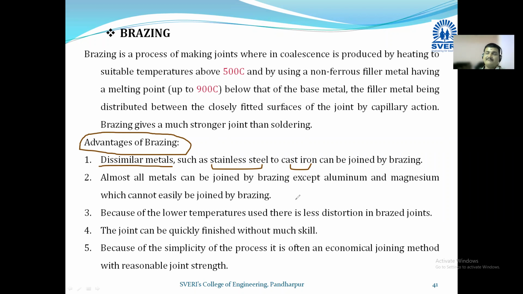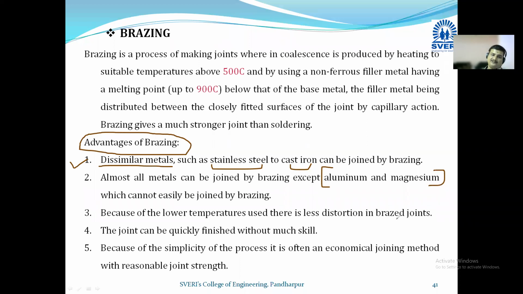And that's why the combination of the stainless steel and cast iron is widely utilized in the industrial sector. And for that particular purpose, brazing operation is applied. Second thing, almost all metals can be joined by brazing except aluminum and magnesium.